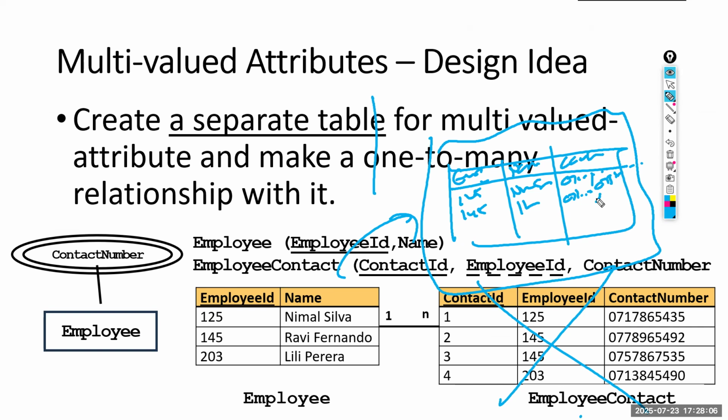If you have five contact numbers, comma separated, you keep all five. So you may feel this is good and simple, not like creating another table and relationships. So this is a simple solution, right?